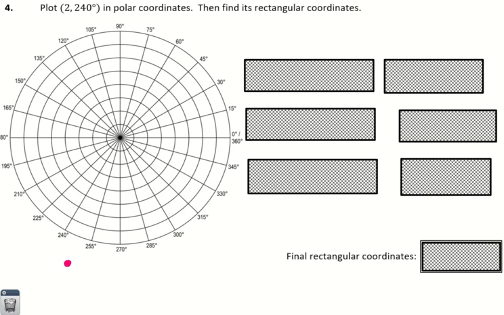Remember how I said you want to find the angle first. So 240 degrees is clearly right here, and then the radius is 2, so 1, 2 right here. So that's 240 with a radius of 2, the second circle. And that's where you should plot the point.